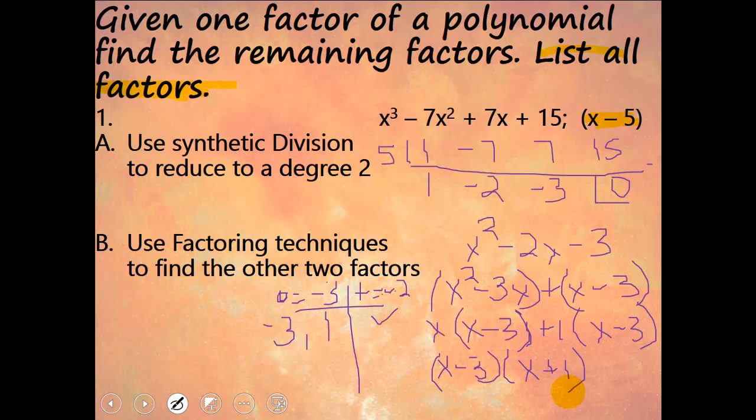These are the remaining factors, and when it says list all of the factors, then you want to put that original one down in there that you were originally given. And these are all of your factors, okay? Just like that.